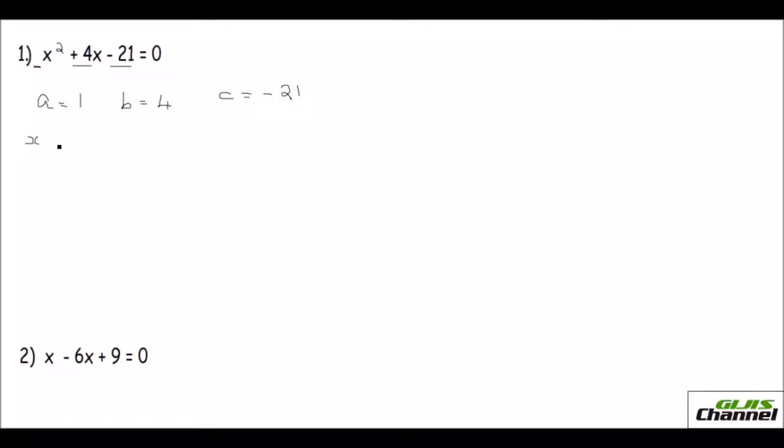See that you write your formula first and then plug in the values. So this is minus b plus or minus square root of b squared minus 4ac over 2a. Plug in the values. So that would imply minus 4, see minus b is minus 4, right?